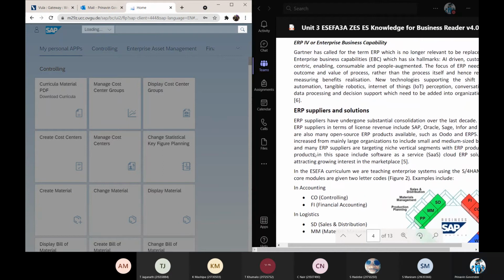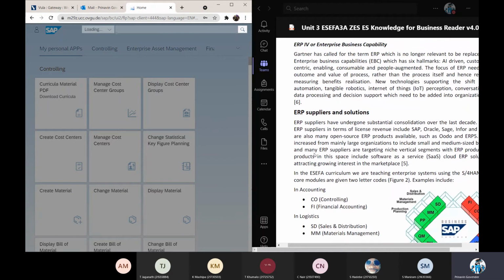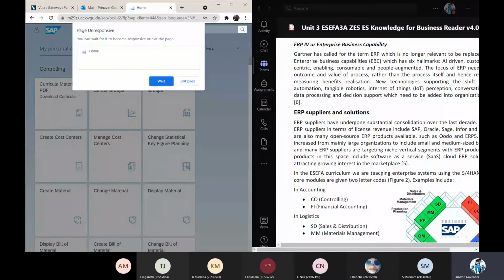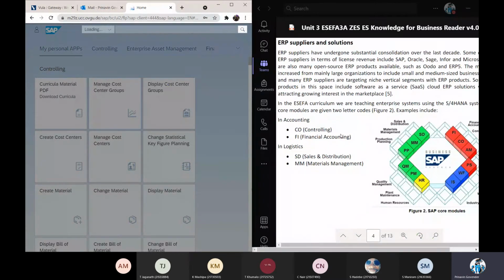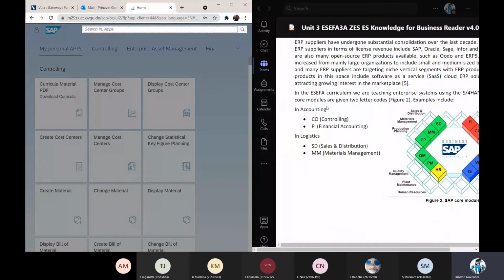But all these applications, materials management, you should see something out here. You should see sales and distribution. All right, let's look for materials management. Materials.